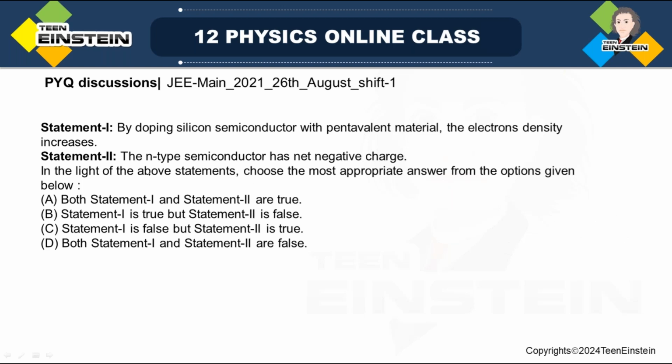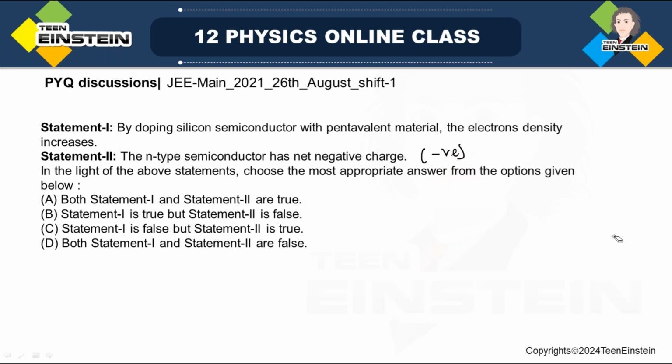Then the second statement says the n-type semiconductor has net negative charge. Is that true? No, by doping we have both positive ion cores as well as electrons. When we dope with a pentavalent atom, this atom has a nucleus as well, right?